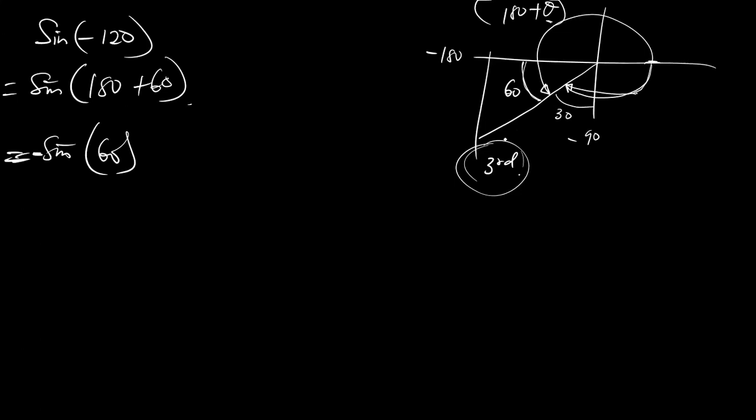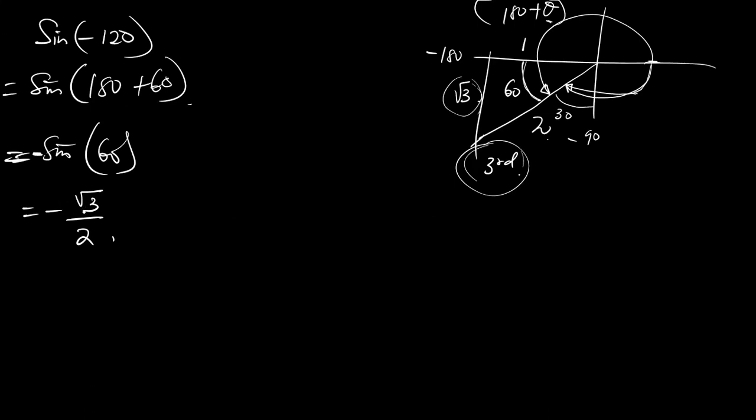And if you draw a line, here is 2, here is 1, here is square root of 3. So sine 60, this is the opposite. Sine is opposite over hypotenuse. So the opposite is square root of 3 divided by 2. So that is the final answer to that particular problem.